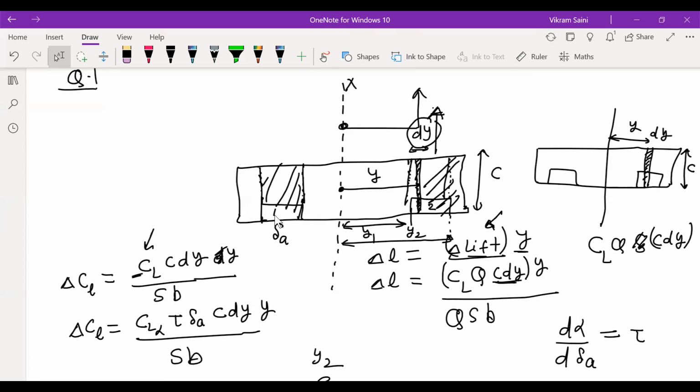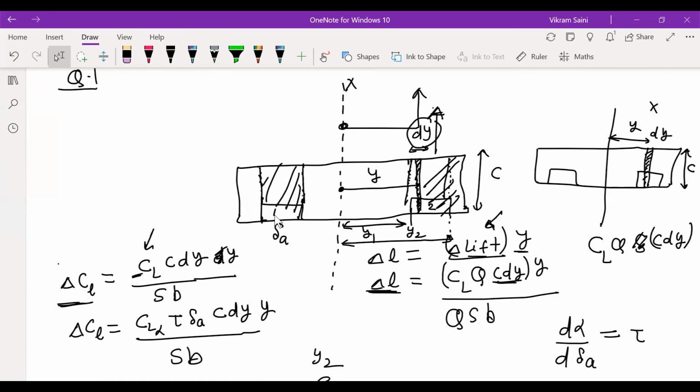So this is the extra lift times the moment arm y, and I have normalized it. Because of the normalization, the rolling moment delta L becomes the rolling moment coefficient delta C small l. So this is the moment generated because of that small strip.